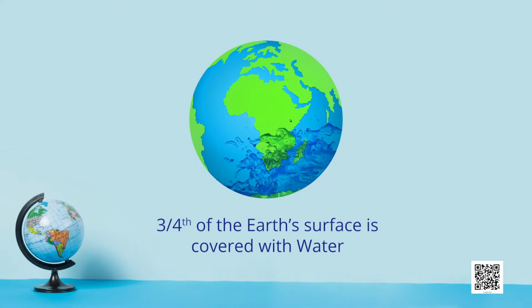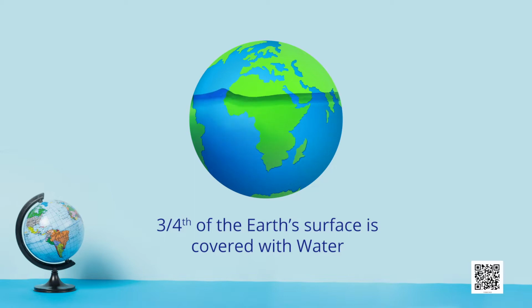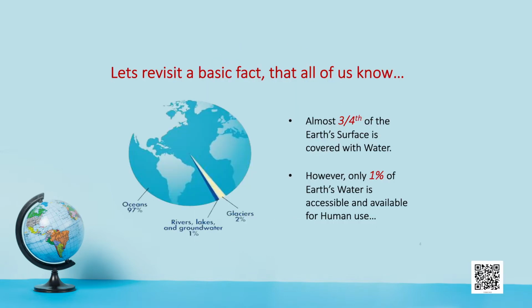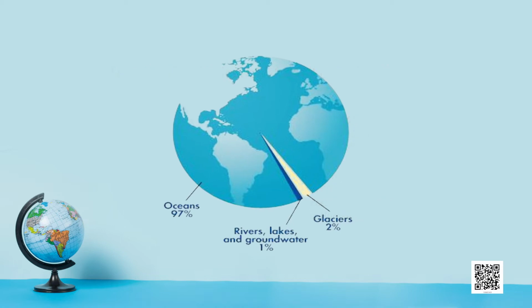Fact number 1. Almost 3/4 of the Earth's surface is covered with water, but only a small proportion is available for our use. As you can see on the screen, only 1% of the Earth's water is accessible and available for human use.